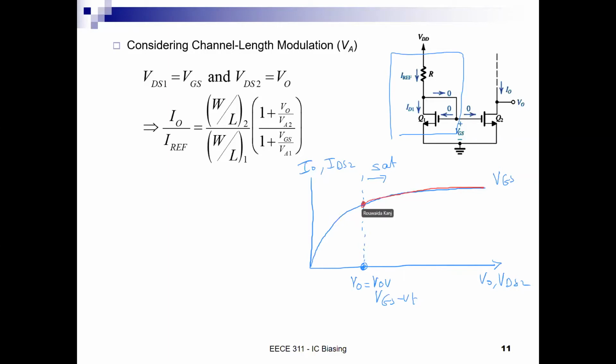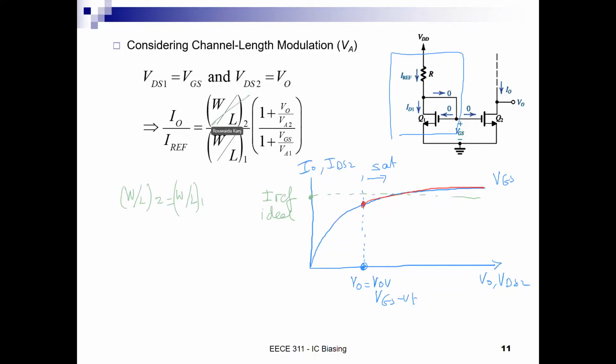Great. What is the reference current that I would like for it to operate at? I would like to reflect really IREF. And let us assume for simplicity that W by L2 is equal to W by L1, right? So if they are equal, my ideal current that I am targeting is really IREF, right?